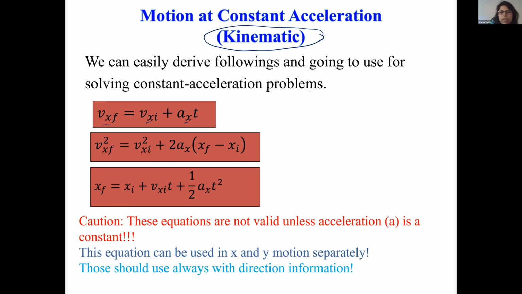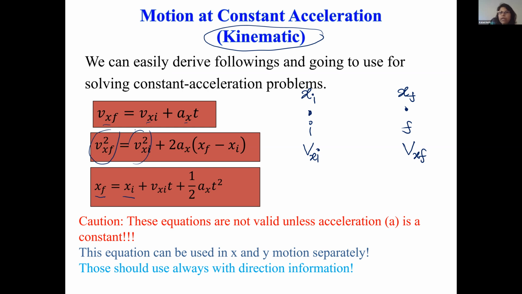So first thing, you need to understand these symbols. We have initial and final here. If I start at position xi and end at position x final, those are the symbols I have, xi and x final, right? If you have a velocity in the x direction, initial and final, those are the velocity symbols I have here and here, right?